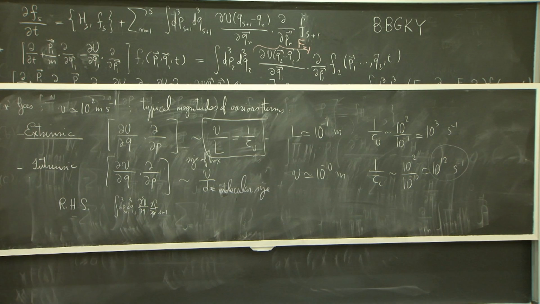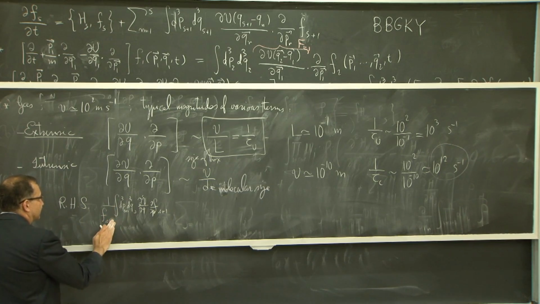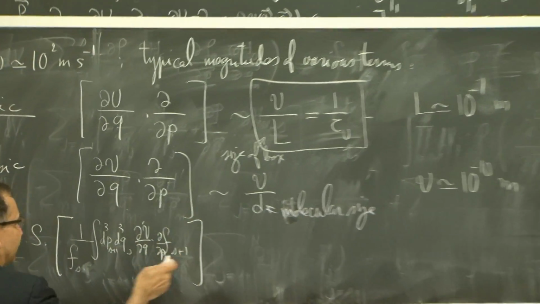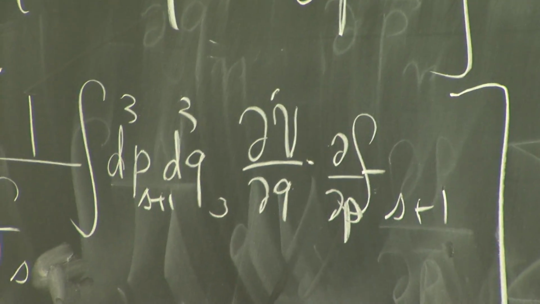And then in order to construct a time scale for it, I know that the d by dt on the left-hand side acts on fs. On the right-hand side, I have fs plus 1. So again, just if I want to construct dimensionally, it's a ratio that involves s plus 1 to s.